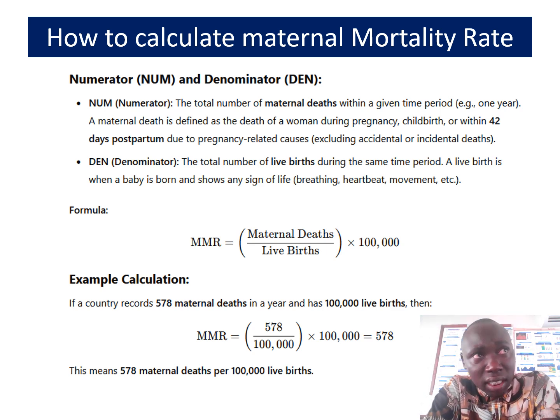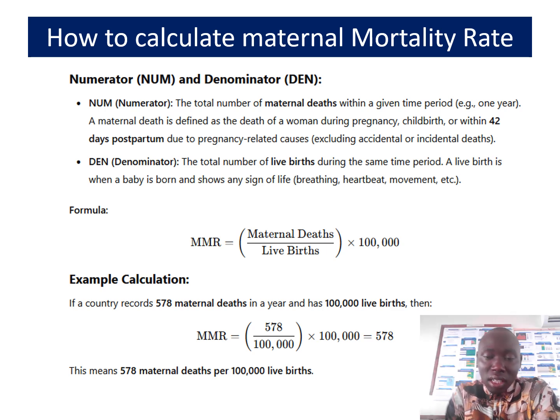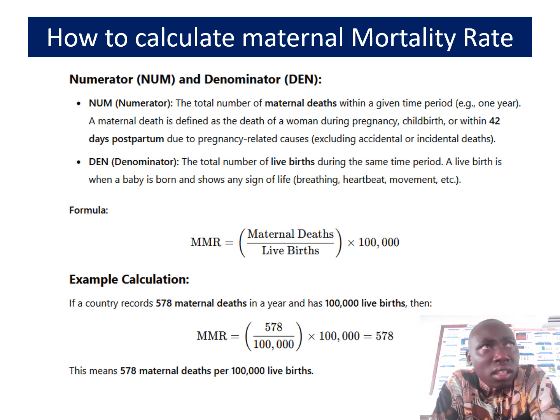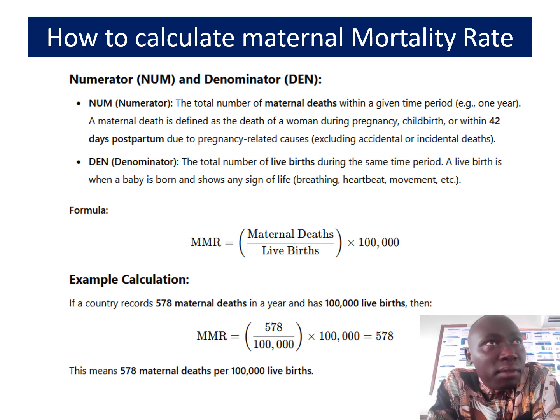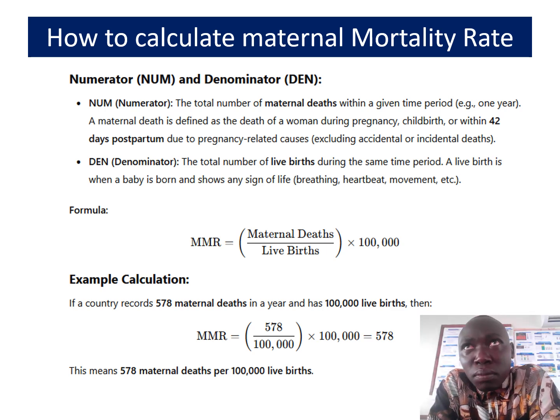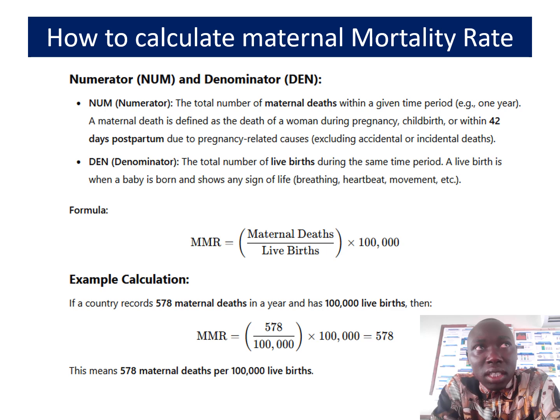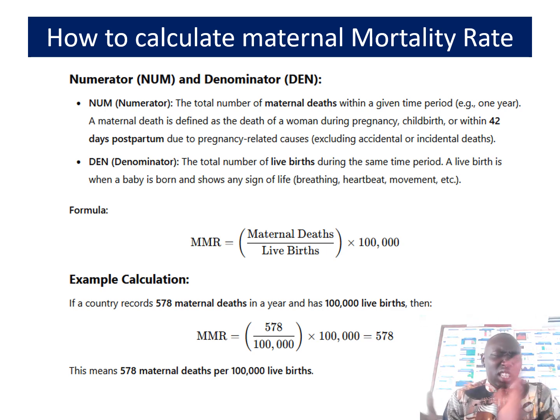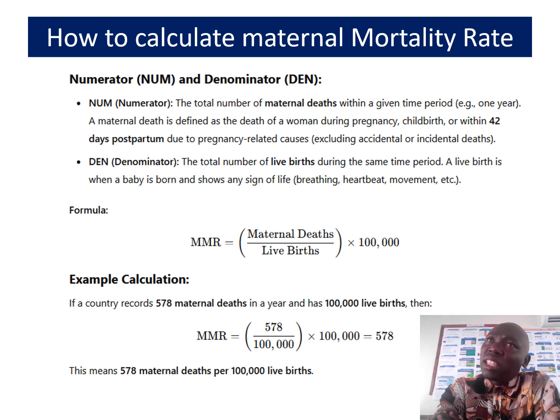When you look at my explanation right from the start, I've been in a forum where they asked me, you mean in a scenario where you may have 7 maternal deaths, when you formulate it here, it can give you maybe 180 maternal deaths per 100,000 live births? People say, hey, you mean we have around 198 maternal deaths in a month?